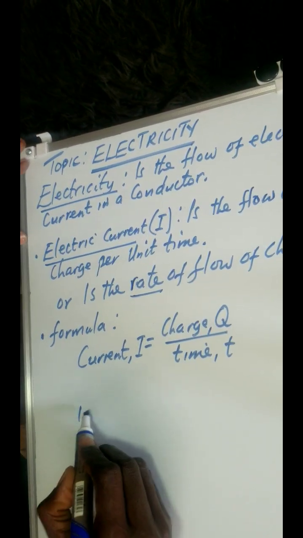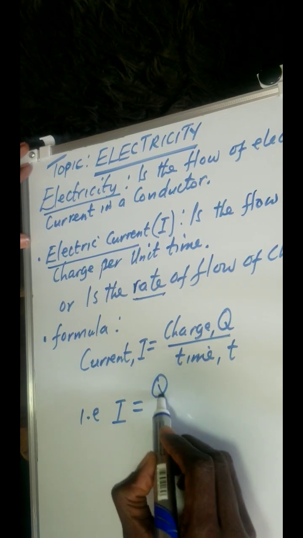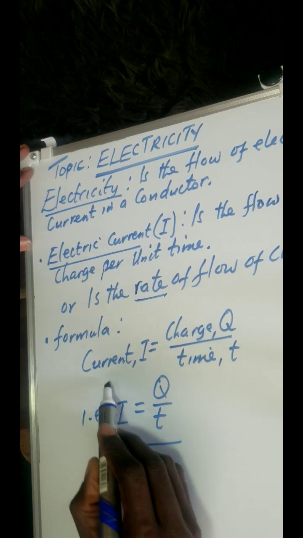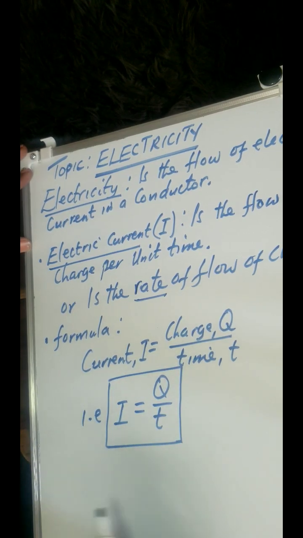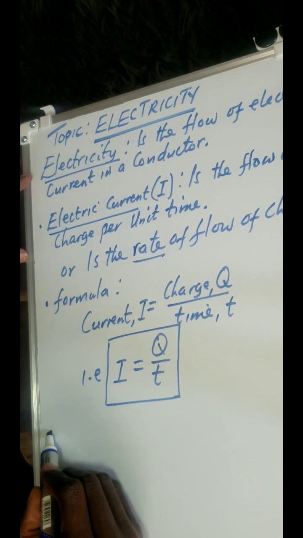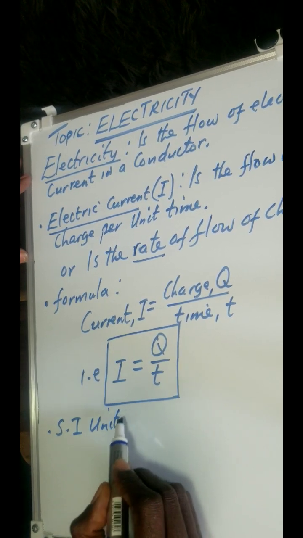So electric current I is equal to charge divided by time. And this is the formula that we are going to be using to calculate electric current.